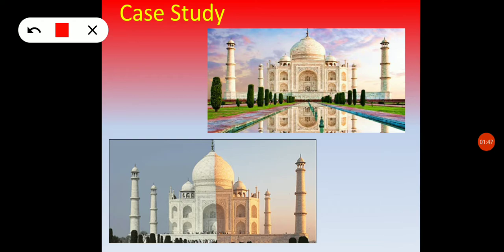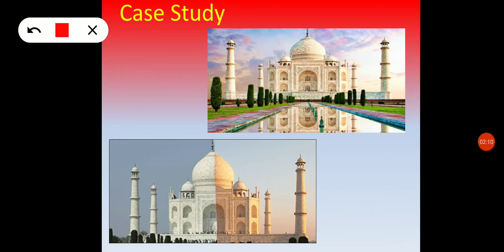It is changing into yellowish. This pollution not only affects living organisms, but it also affects non-living things, like buildings, monuments and statues.